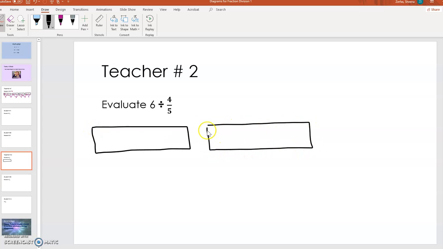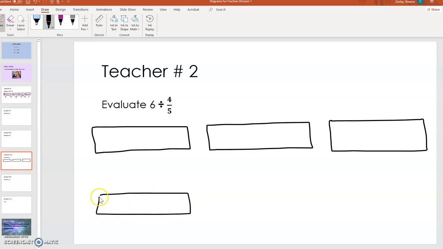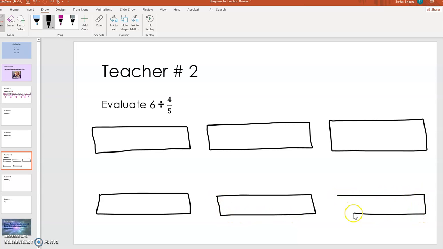For this one, unfortunately, I'm going to have to model on 2 lines, so that's 3, this will be 4, 5, and 6. Alright, so now I want to be dividing this into groups of 4/5.